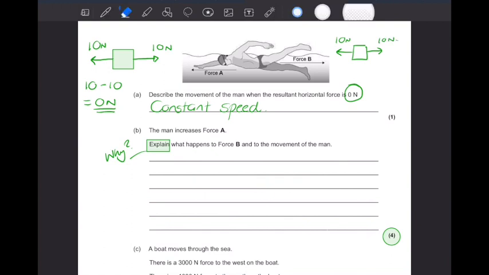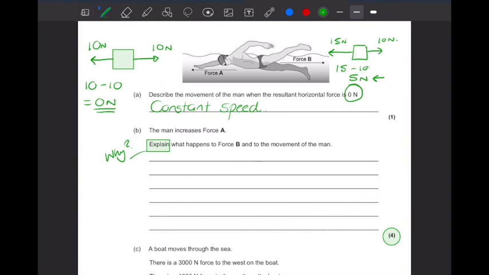But if that changes, so this force A becomes bigger, let's make it 15, a slightly larger force, 15 newtons. You can see that now the resultant force is no longer balanced. No longer will it travel at a constant speed. We'll have 15 minus 10, so we'll have 5 newtons acting in that direction. So that will cause the man, in this case the swimmer, to speed up.